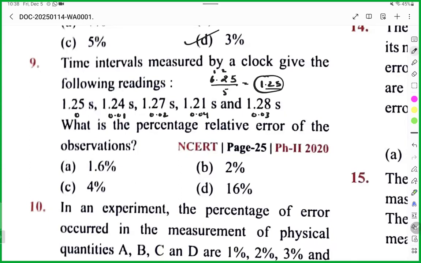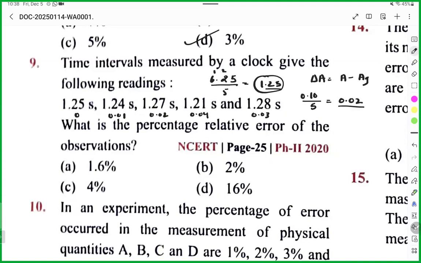Difference. In case of absolute error, you calculate the difference, A minus the given value, right? Understood? Now add these differences. 1 plus 2 plus 4 plus 3. How much is this? 10? Correct? 10 divided by 5. So what is the value?